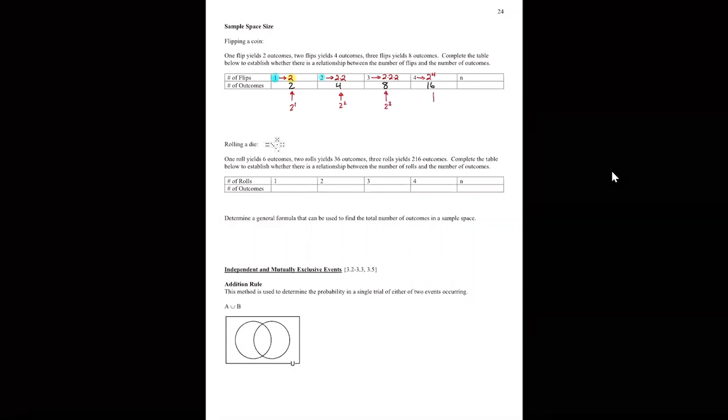We already said 2 to the 4th, but I'll write it again anyway. If you follow that progression, it makes perfect sense. I already stole my own thunder. That should be a 4. This one should be 2 to the nth power. All right, so we got a little relationship out there. If you can discover that relationship, it saves you from having to do the work.